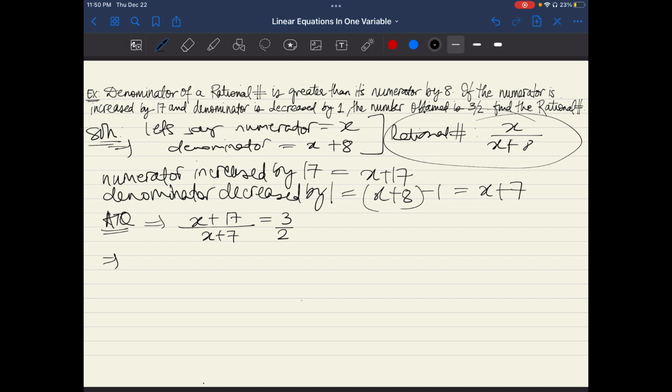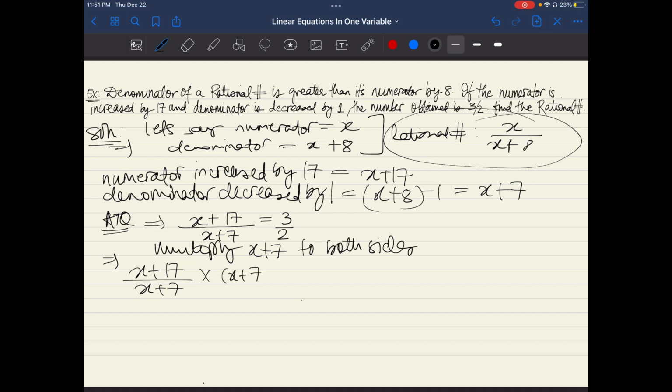We will start by multiplying x plus 7 to both sides to eliminate the x. So multiply x plus 7 to both sides. We will get x plus 17 over x plus 7 times x plus 7 equals 3 over 2 times x plus 7.